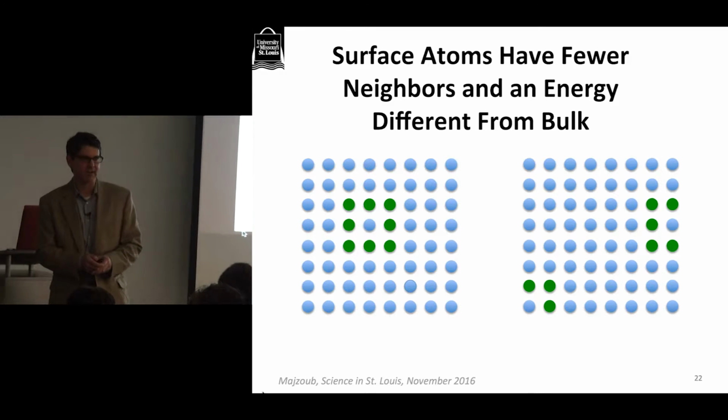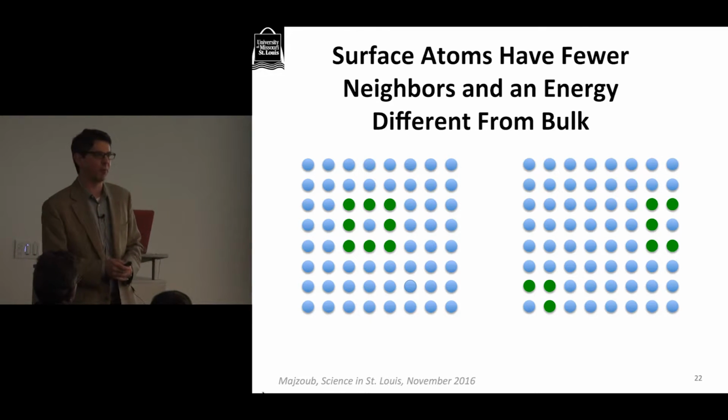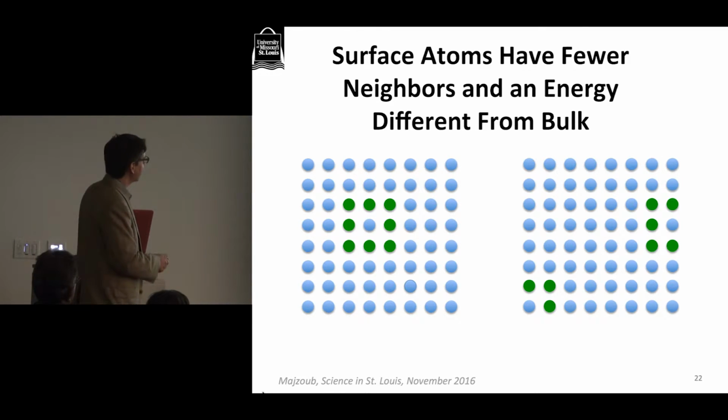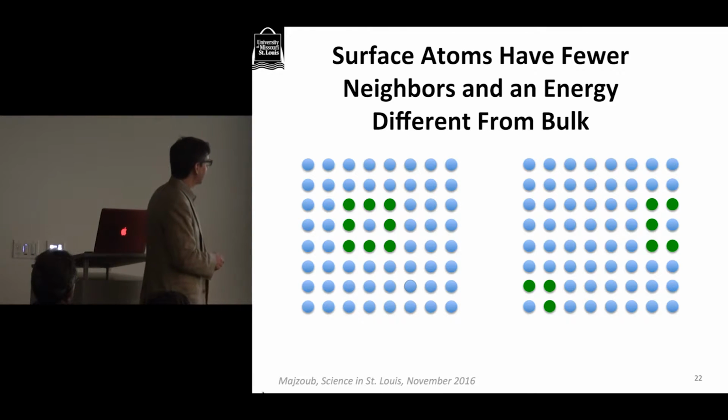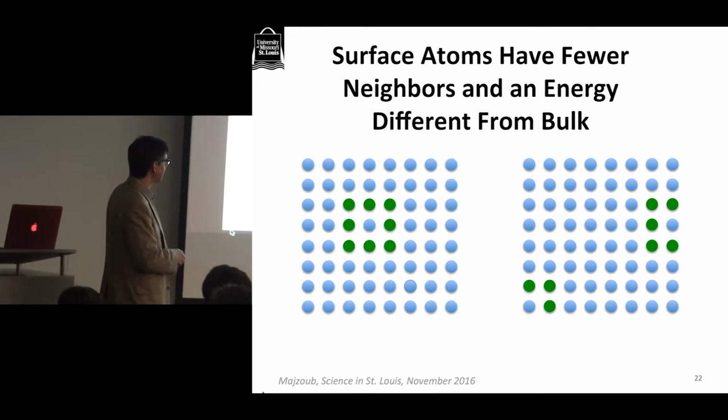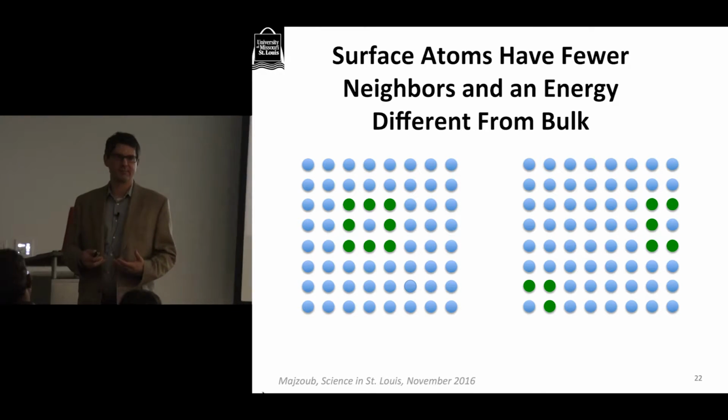So again, I want to go back to this notion of nanomaterials having much different properties. What I'm showing here are two crystals, or cartoons of crystals. I want you to focus on the left crystal here, at the atom that's in the center of this green circle. This atom has 1, 2, 3, 4, 5, 6, 7, 8 neighbors. If this atom is in bulk, it's pretty happy there.